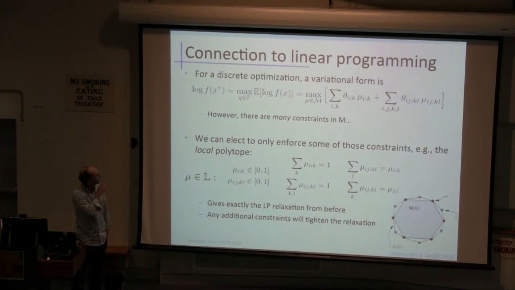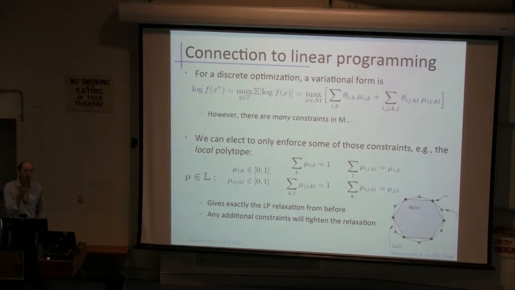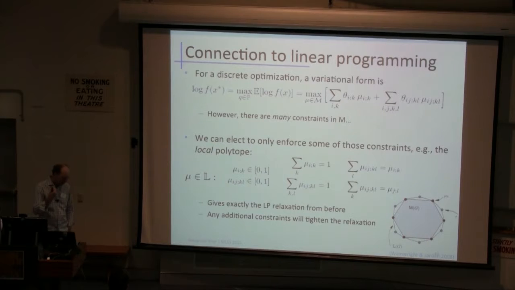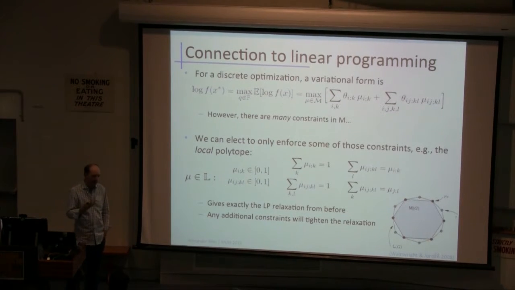This is a sort of interesting different perspective on the linear programming relaxation, in that when we wrote the integer linear program and relaxed the integrality part to get the linear programming relaxation, adding that integrality constraint back is relatively hard, right?